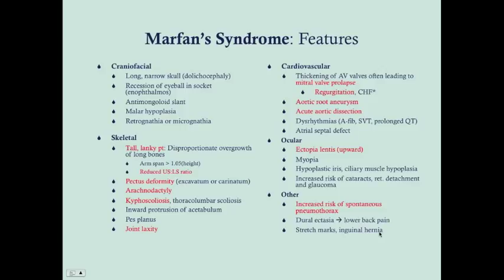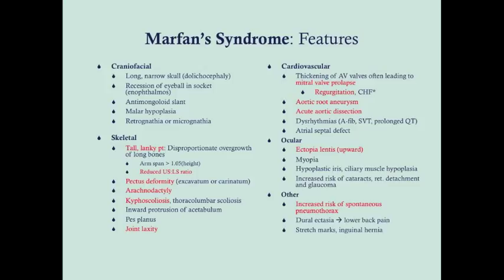There are a lot of features of Marfan syndrome. The ones I put in red here are probably going to be the ones that come up on the test when they give you a vignette. So there are craniofacial features, dolichocephaly, which is a long, and we're talking long in the anterior-posterior direction, long, narrow skull.